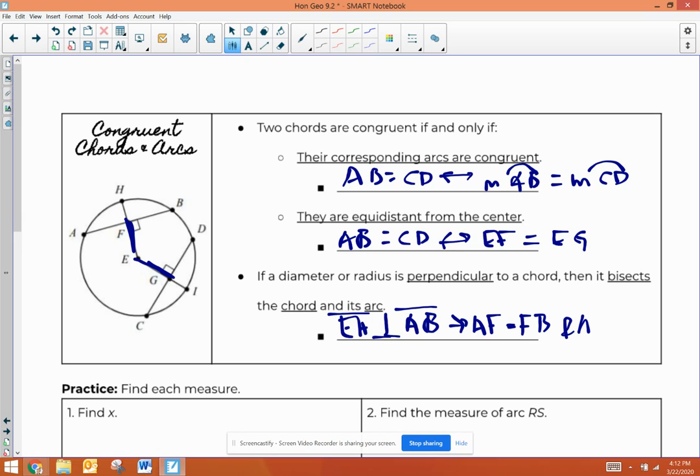Sorry, measure of arc AH is equal to the measure of arc HB.